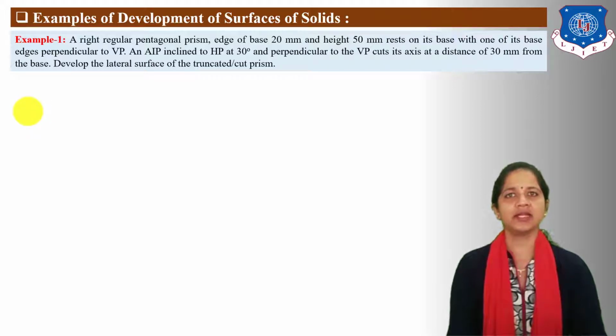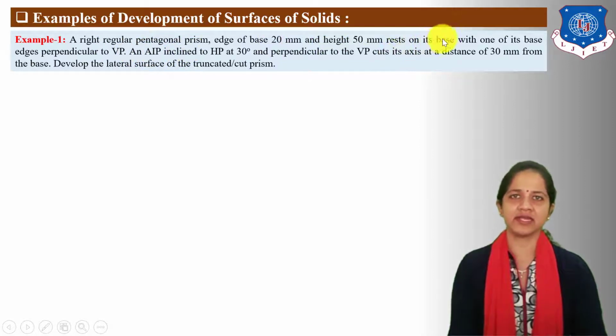So, in this chapter, the knowledge of projection of solids and section of solids is a must. Without that knowledge, we cannot solve any example of development of solids. So, first, let us draw projection of the solid as per the given resting or standing condition.